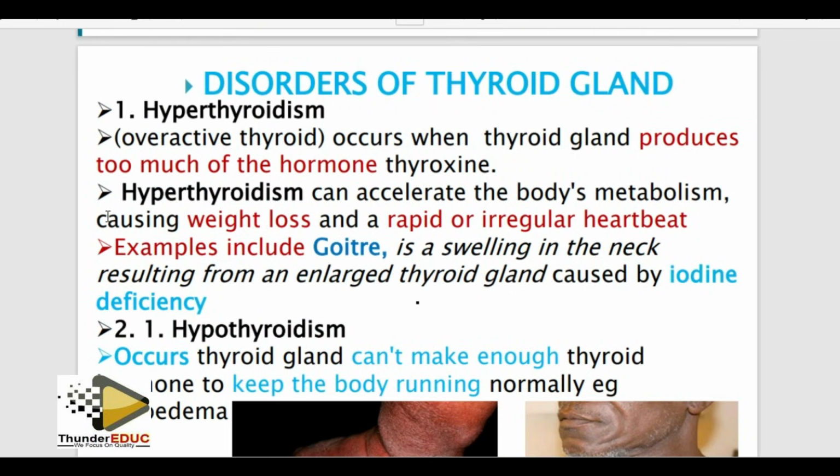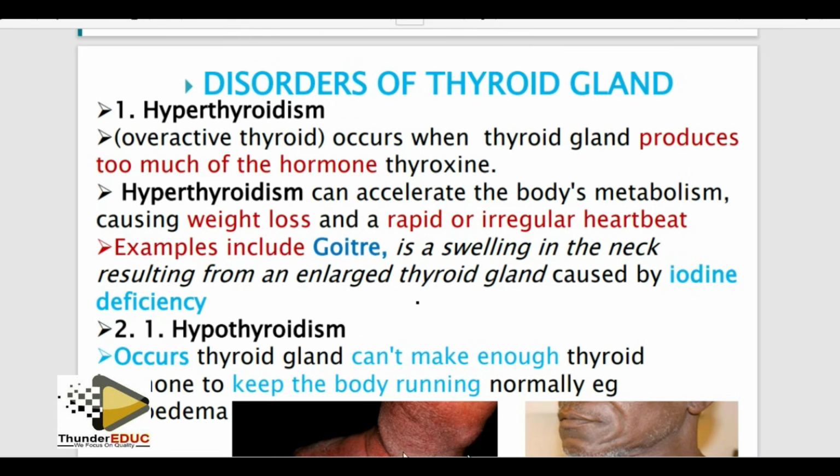So here is the answer of the question. They are saying that overactive thyroid gland occurs when the thyroid gland produces too much of the hormone thyroxine. Hyperthyroidism can accelerate the body's metabolism, meaning that metabolic rate is going to increase, causing weight loss, you see, and rapid or irregular heartbeat.